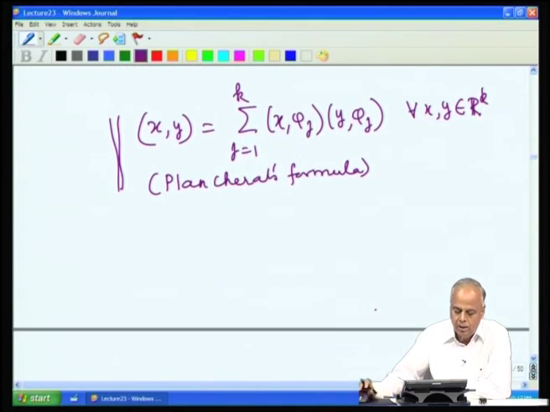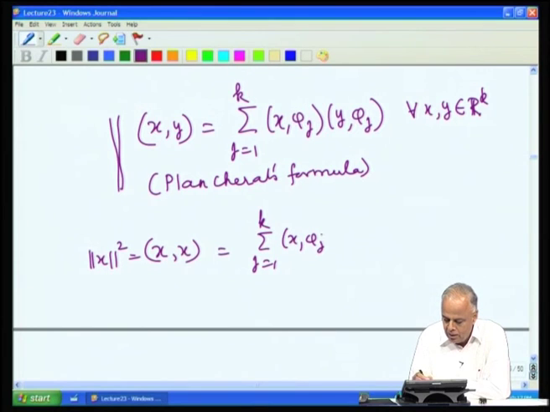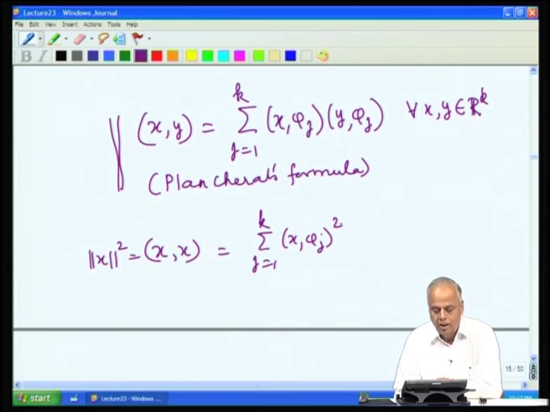Once again, if we put y equal to x in the above, we get the inner product of x with x, which is the length of x squared, equal to the sum of j equal to 1 to k of the inner product of x with phi j, the whole squared. Again, this boils down to saying that whatever ordered orthonormal basis you choose, the length squared is always the sum of the corresponding Fourier coefficients squared.